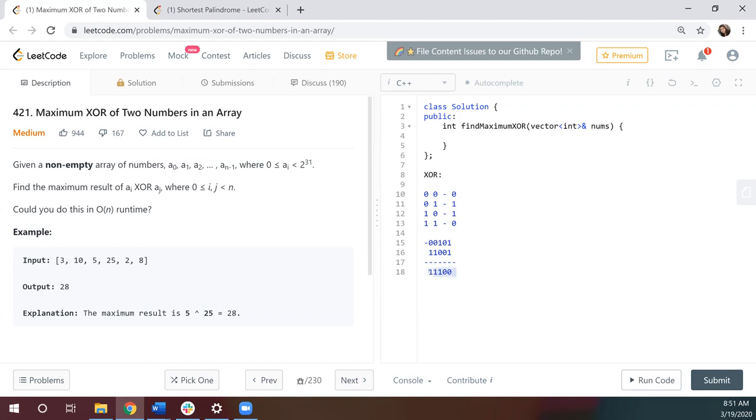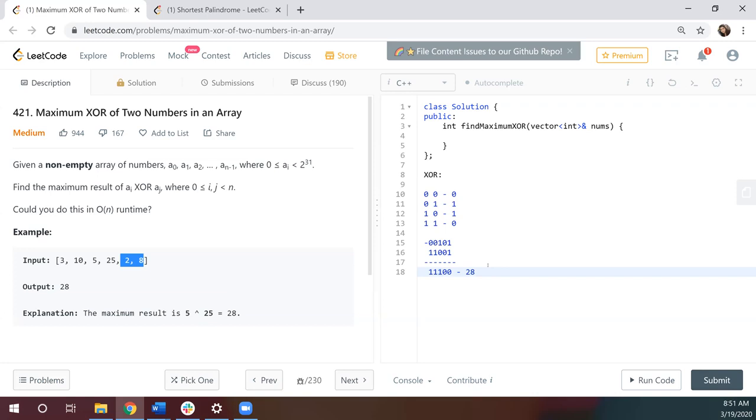So that's the max answer. We need to give the maximum of the XOR. Similarly, we need to go with any two numbers, make an XOR of them and then answer.